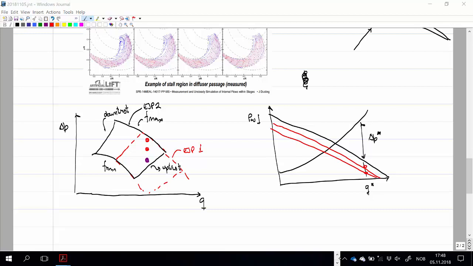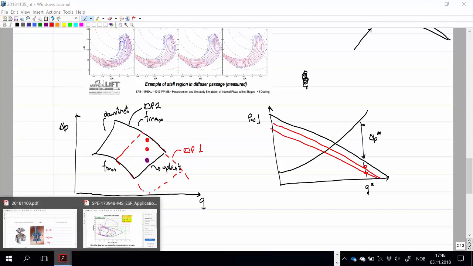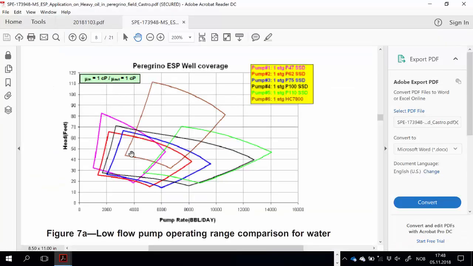So you want to find a pump that covers most of the life of your well. If you want to produce a certain rate, you want all points to fall more or less inside that envelope. And sometimes you cannot. You have to change pump every 2 years or every 5 years. But that's the intention why people do it.